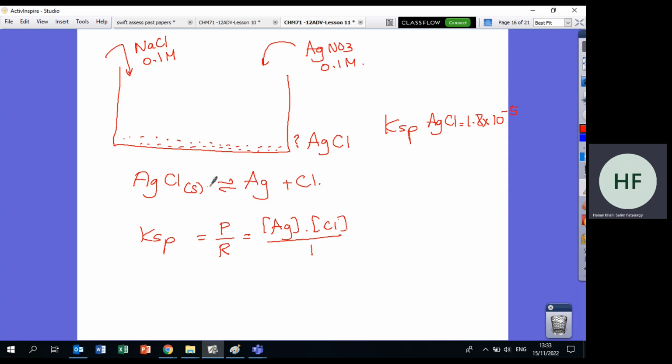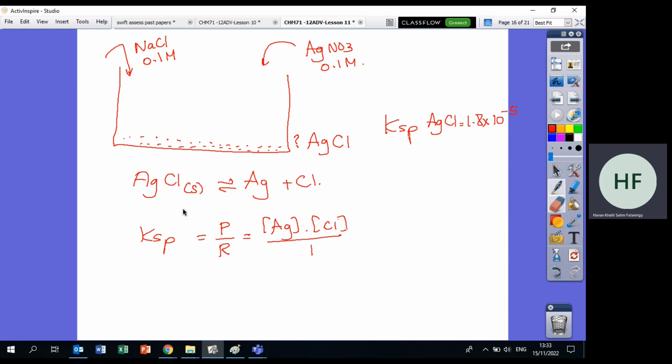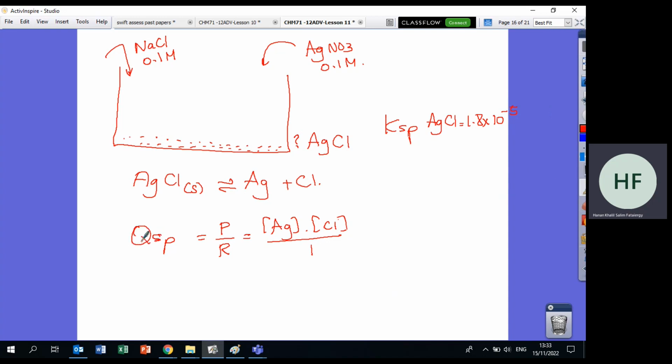But here, because I'm not sure whether AgCl will form or not, I will change the name of KSP and call it QSP. Q is for question, I'm not sure. I am not sure if a precipitate will form. Same rules as KSP: products over reactants, and if there is a coefficient, you make it a power. Only I change its name.